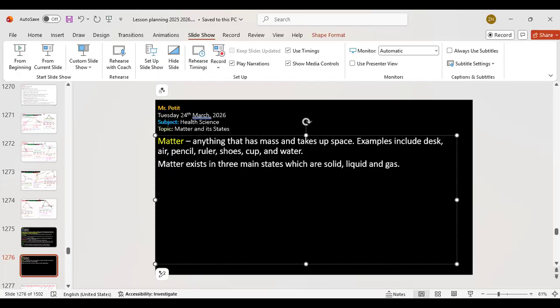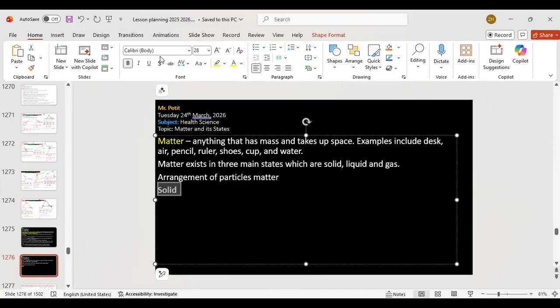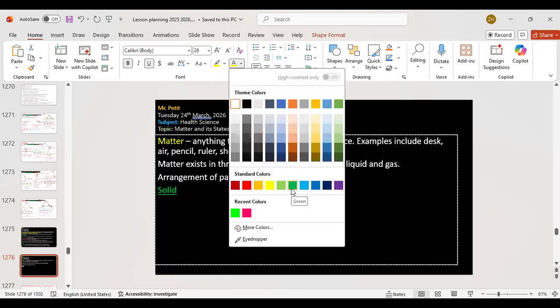So let's talk about the arrangement of the particles in matter. Let's first start off with solid. We say that matter is made up of different particles, right?